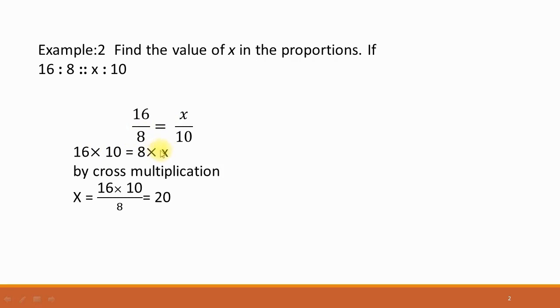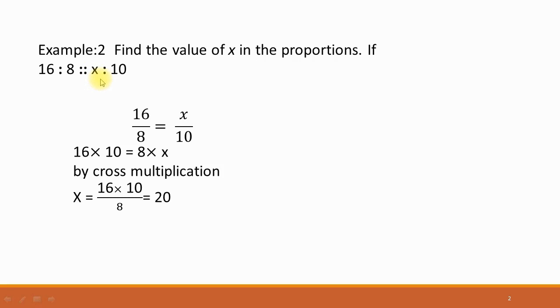Now we have to find the value of x. So dividing both sides by 8, 16 multiplied by 10 divided by 8. Now by simplification, 8 once is 8, and 8 twos are 16, and 2 tens are 20. So in this proportion, the value of x is 20.